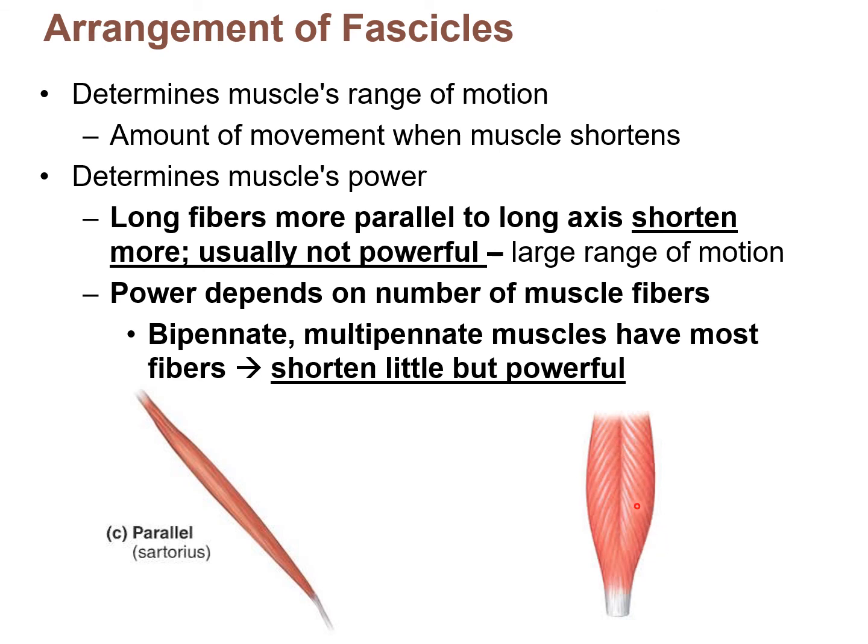So this is going to be an extremely strong muscle, very powerful muscle. But since the fascicles are short, well, they can only shorten so much. So a pennate type of muscle will shorten very little. It'll have a very small range of motion, but it will be powerful. So those are the two different properties muscles can have based on their arrangements, with all the other ones kind of falling in between.